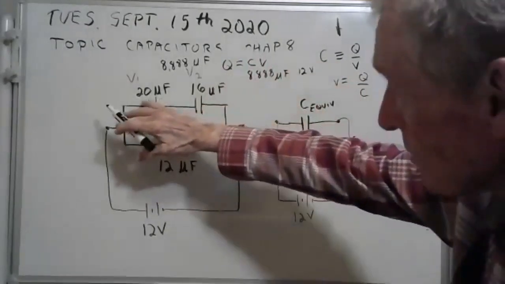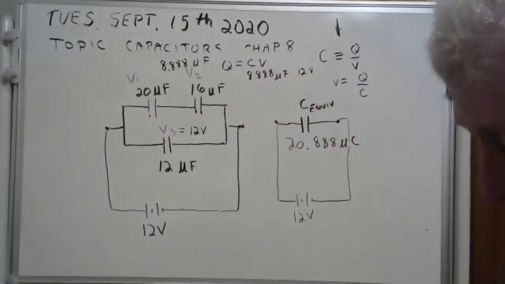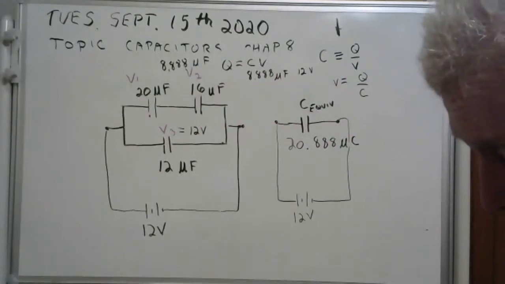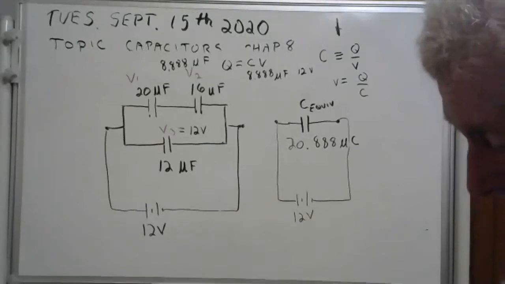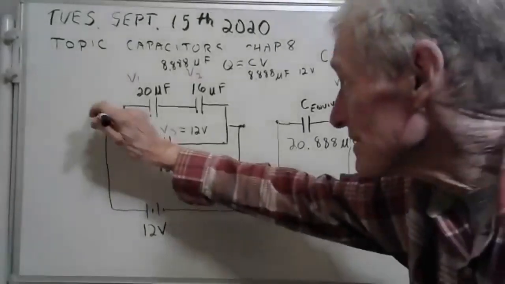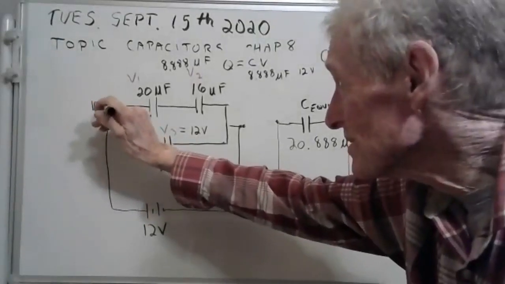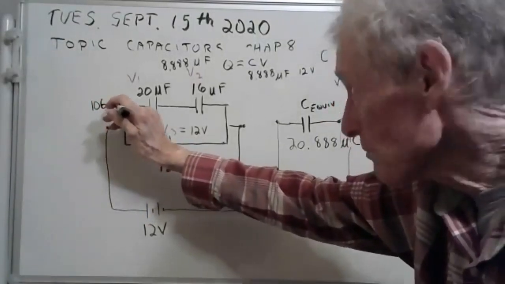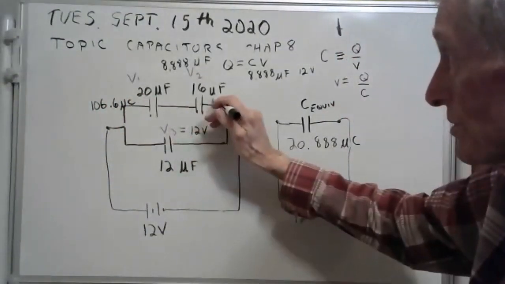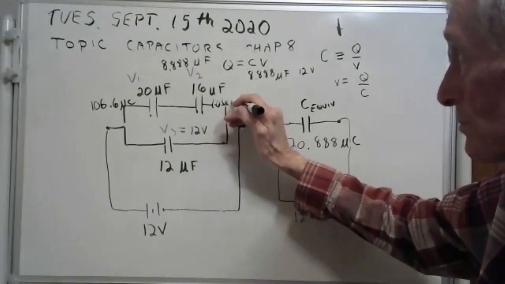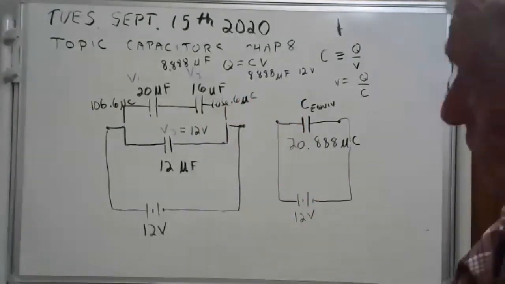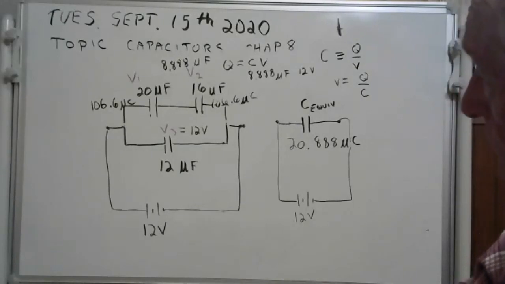So the charge on this one is, I'm getting 106 point, a bunch of sixes, microcoulombs. Of course, that'll be the same charge on this one, 106.6 microcoulombs. Now we can get the voltages.